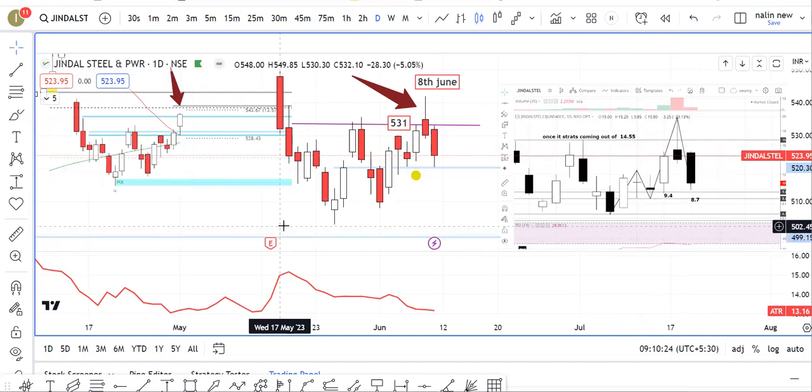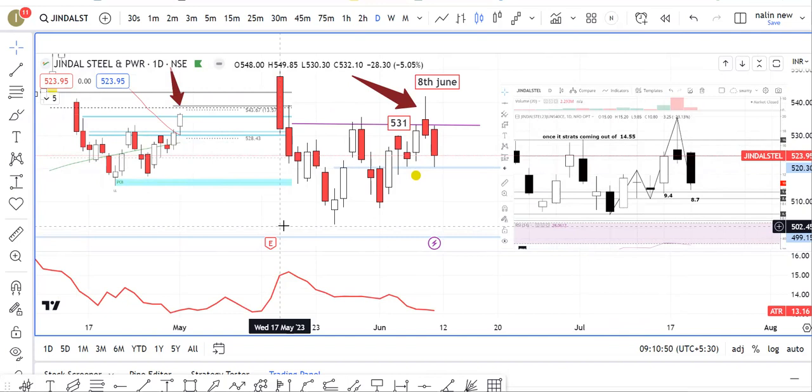Also, the selection of the option premium becomes a problem when it is out of the money. When it is out of the money, the delta will be around 0.3 to 0.4, or 0.2.